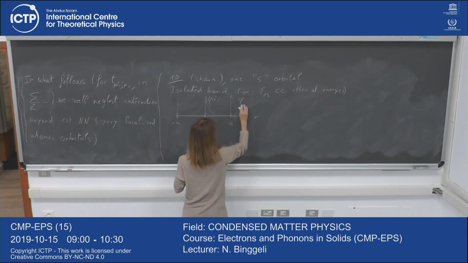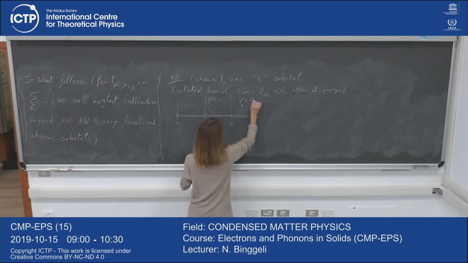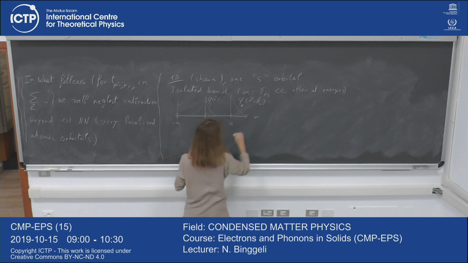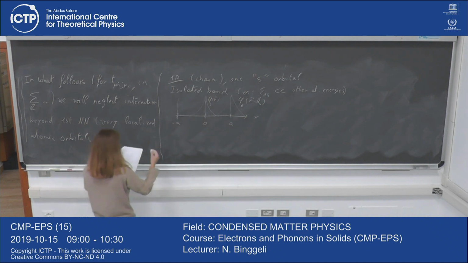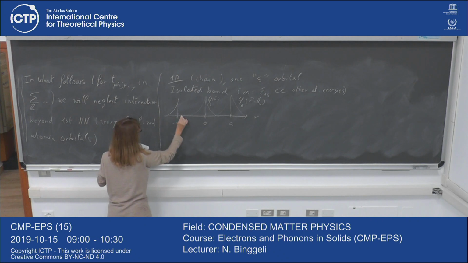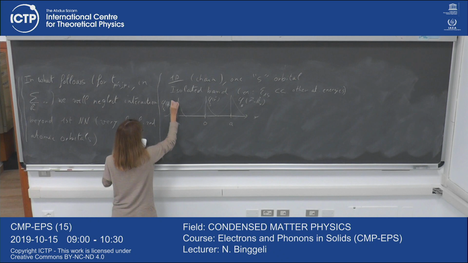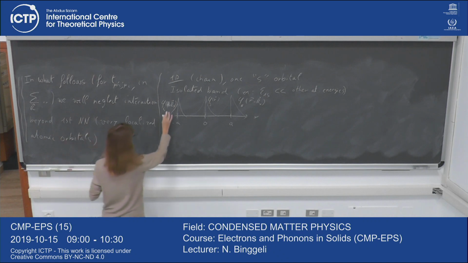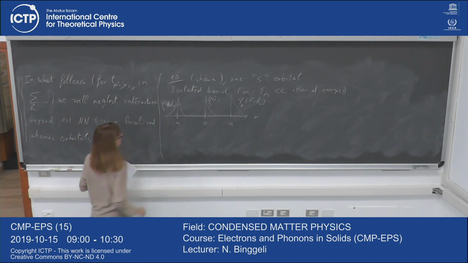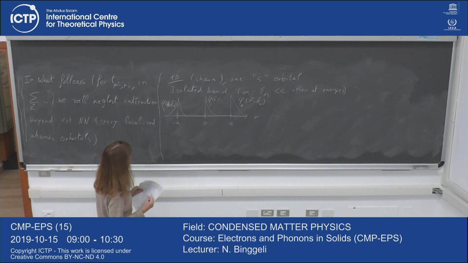So phi S at this position R1, which is A, and on the other side I will have the phi S centered on the atom at the position minus A, and then just write this as R1 here is minus A. So this is the wave function.